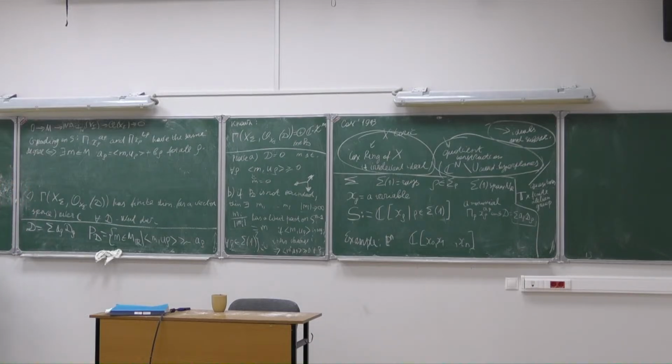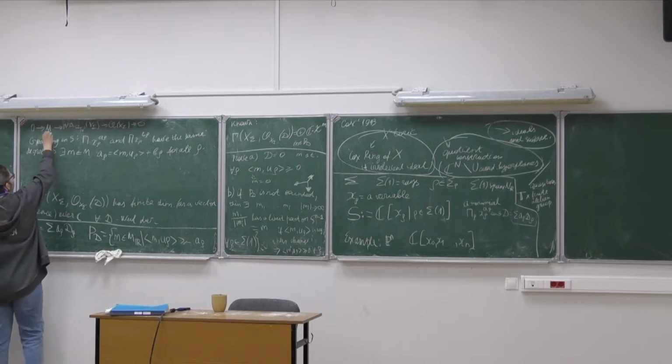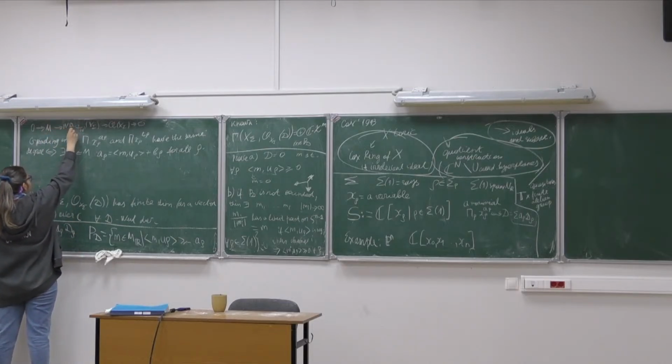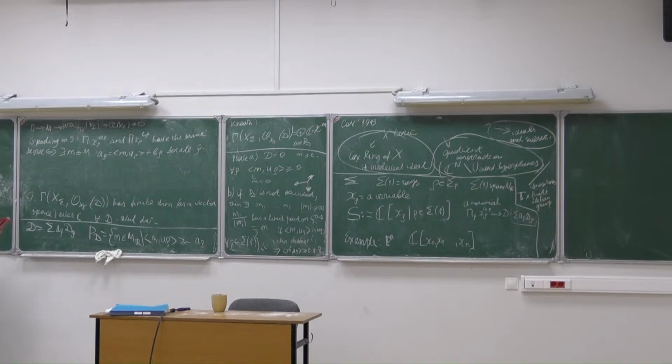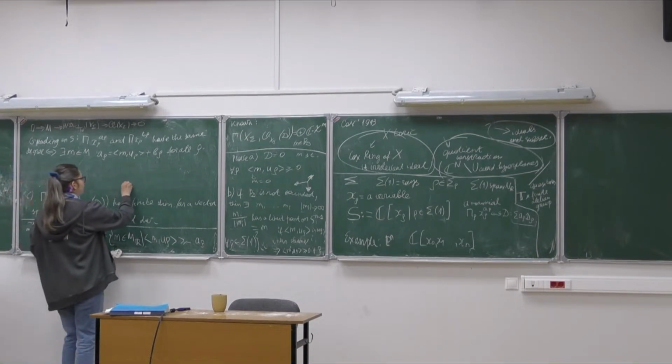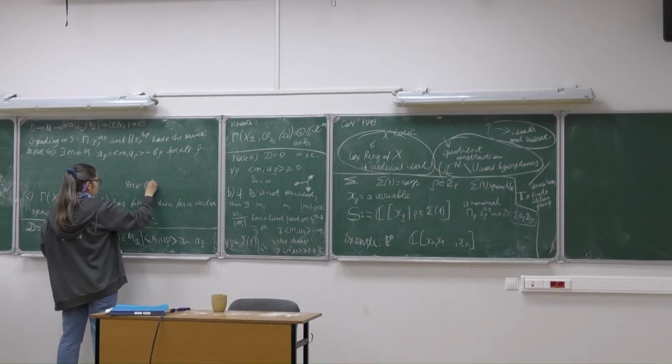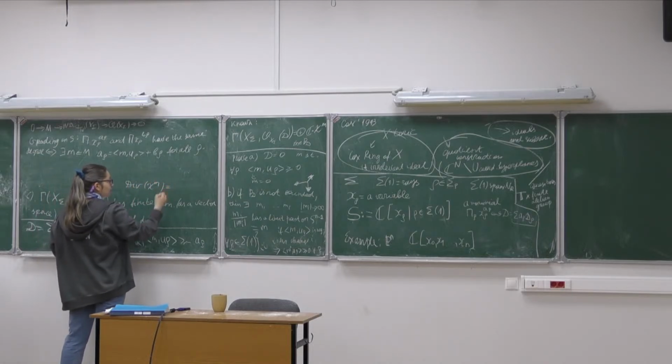We just want to grade our ring by the class group. The image of M here will be all the principal divisors, all the divisors of a character χ^m. What is the divisor of a character χ^m?